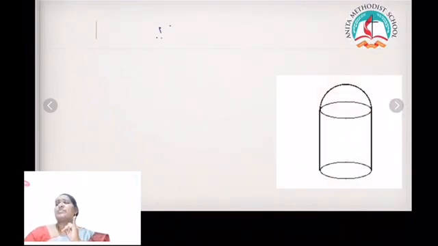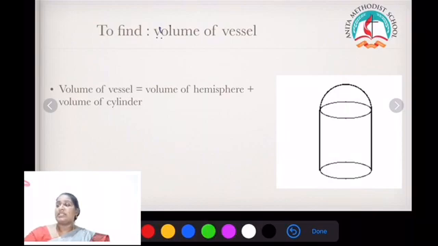But what do we have to find? The volume of the vessel. Children, listen. Volume of vessel is equal to volume of hemisphere plus volume of cylinder. What is the formula for the volume of a hemisphere?